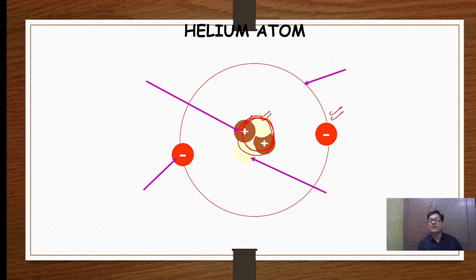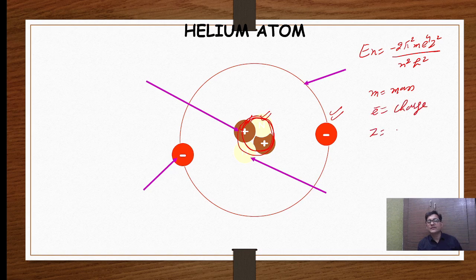This energy can be represented by En = -2π²me⁴Z²/(n²h²), where m is the mass of the electron, e is the charge, Z is the atomic number, n is the number of the shell whose energy we are interested in finding, and h is Planck's constant.